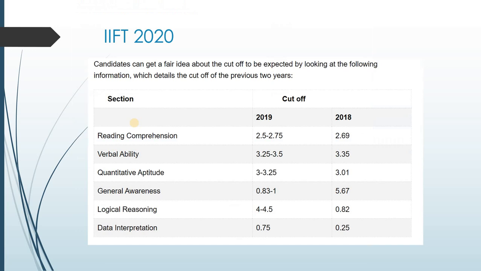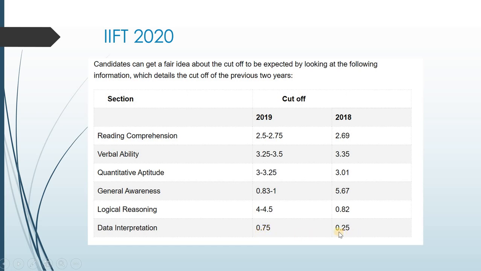Yes. Now IIFT 2020, you can see the overall cutoffs and the section wise cutoffs for the 2019 and 2018 exams. So you can get a fair idea of the cutoff that is to be expected this year also. So please have a look at this, pause and see this. As I've already mentioned, the DI cutoff in 2019 was 0.75.